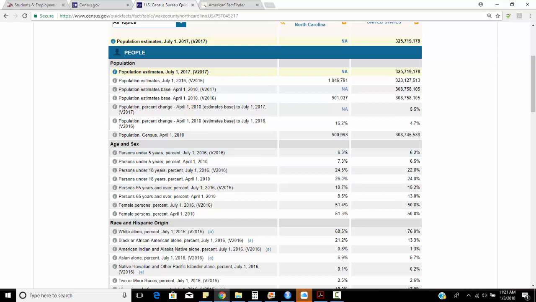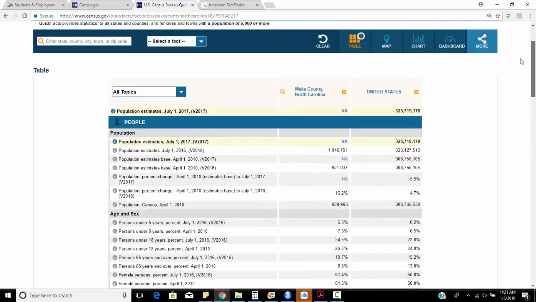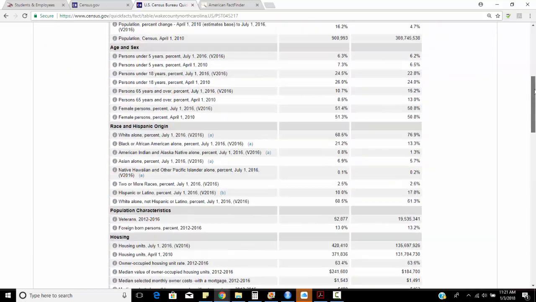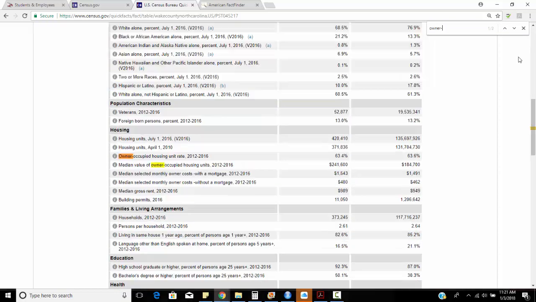And then we have owner-occupied housing rate. This is the percentage of people who own as opposed to rent their home. I don't want to go through all of these rows here, so I can do Control F, and I can type in the word owner dash because it asks for owner-occupied, and I see 2 places here. So owner-occupied housing rate 2012 to 2016.